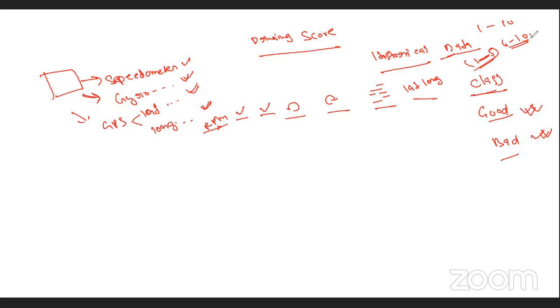Even here I can make the same statement: less than or equal to 5 is bad, and greater than or equal to 6 is a good driver, if I'm trying to say that.